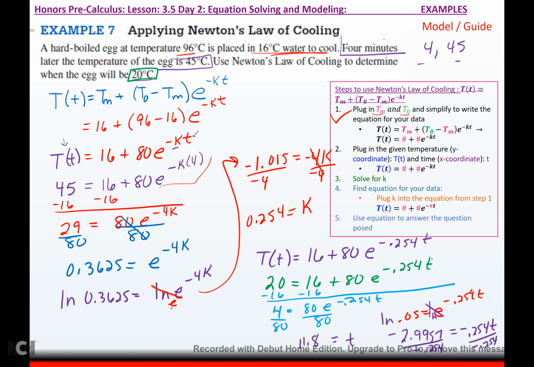So it takes 4 minutes to go from 96 to 45. It'll take almost 12 minutes to go from 96 down to 20.